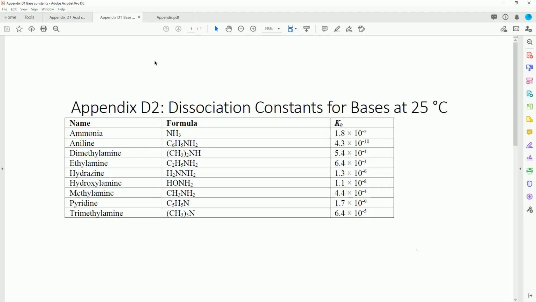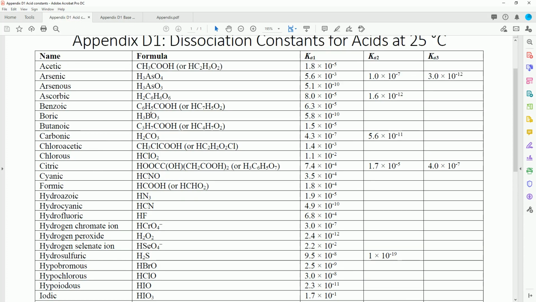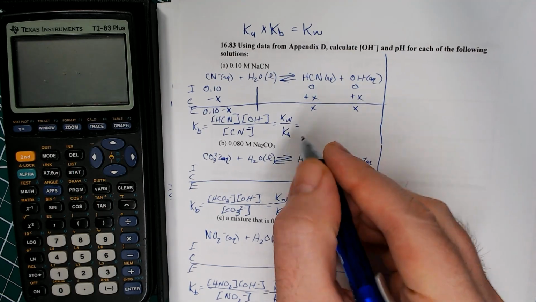All right, so that's Appendix D2. We're going to use Appendix D1. So HCN is right here, hydrocyanic acid, and you'll see it is 4.9 times 10 to the negative 10.